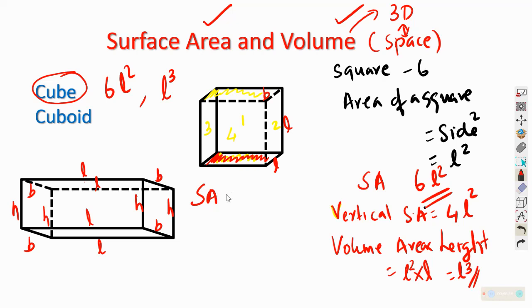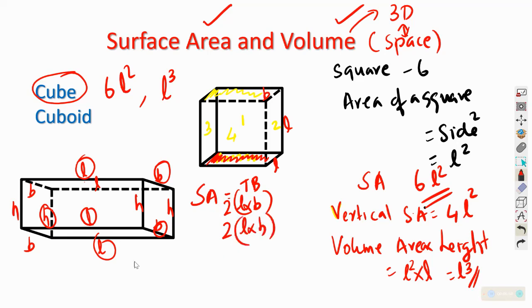For your understanding, the top and bottom we can take as length into breadth. That is, this I took, this I took. There are 2 such, 2 length into breadth, top and bottom. So that surface is over. And if I say front and back, I will take the height and length, so 2 into length into height.